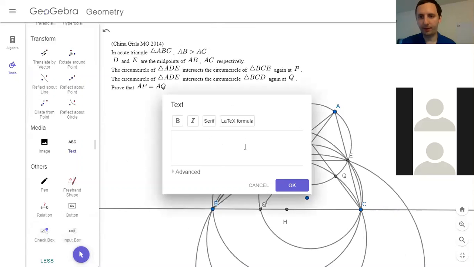Okay, so we have AD times AC equal to half of AB times AC, which is equal to AE times AB.